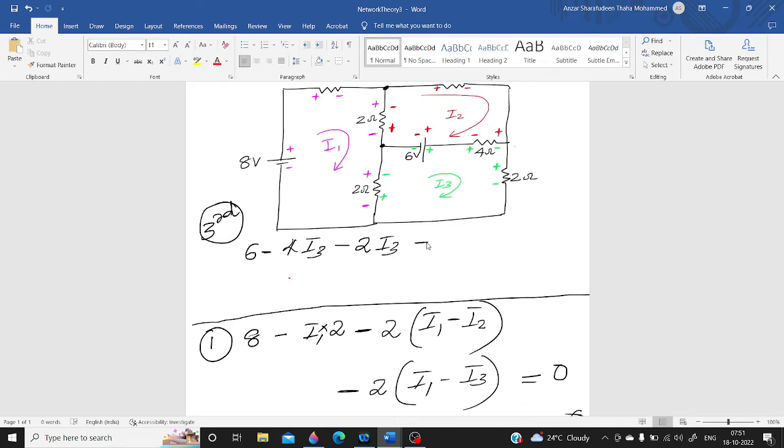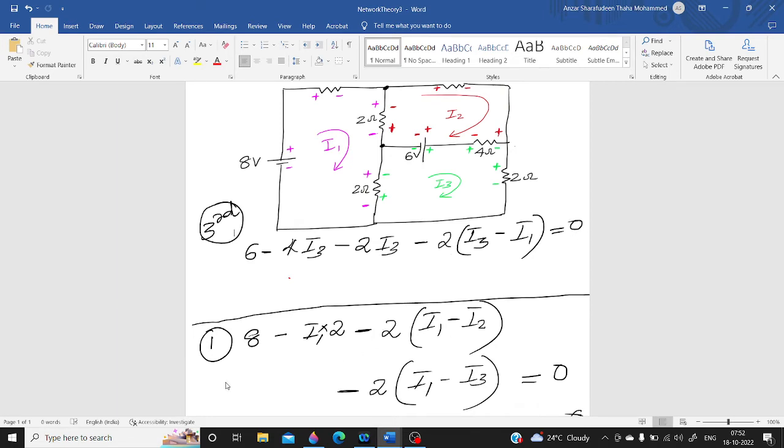So it is minus 2 into, but there are two currents. I3 is along the direction, so I3 is taken as positive. And opposite to I3, we have I1, so this is minus I1. And now there are no other terms. So the sum will be equal to 0.